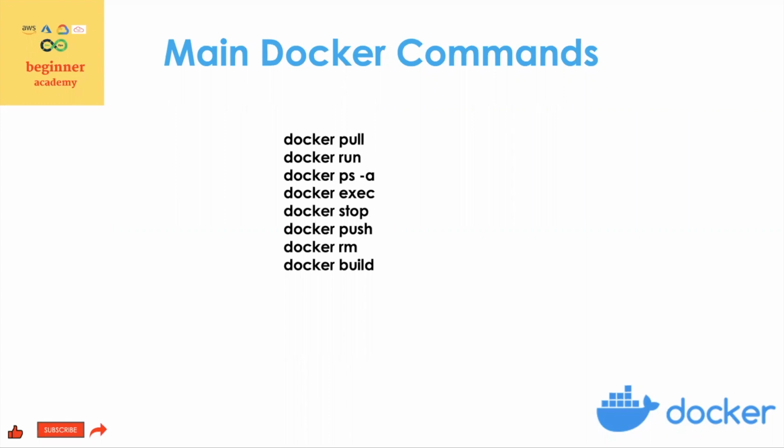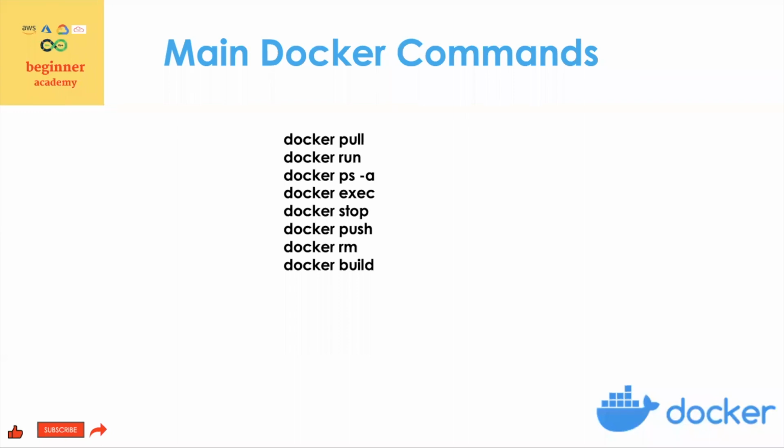Docker run is used in order to run a particular container. Docker ps -a is used to check how many processes are running in Docker; it will list out all the containers that have been running. Then Docker exec.